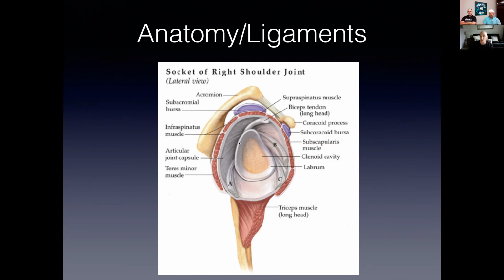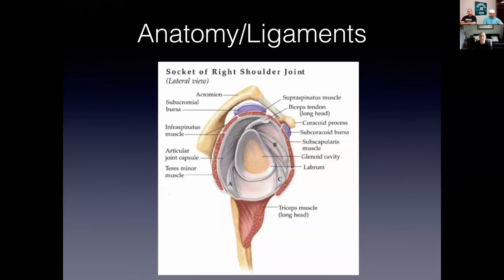When you damage the superior portion, particularly in pitchers and baseball players, we refer to this as a SLAP tear. It's an acronym for superior labral, anterior to posterior to this structure right here.